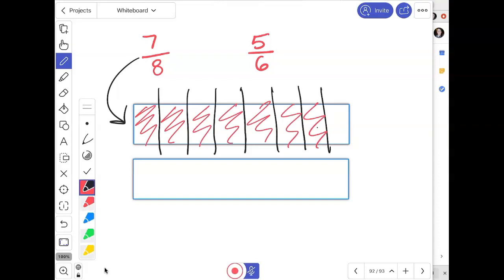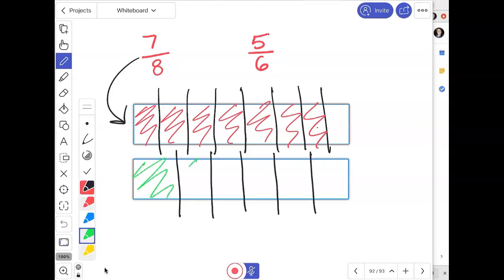Now with this one, I've got to break it into sixths. 1, 2, 3, 4, 5. Okay, 7/8 is more shaded, therefore it is greater.